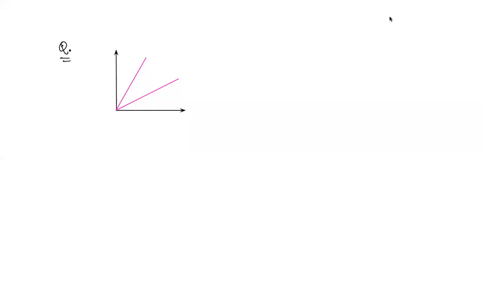Okay, so this question says that this angle is theta. This one is your V, and this is I, and this temperature is T2 and this is T1, and this angle is given as theta, and this angle is also given as theta, right?